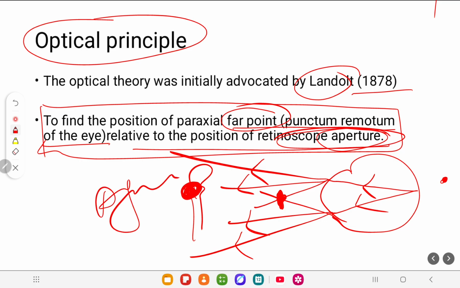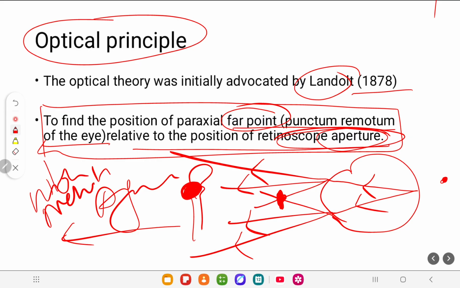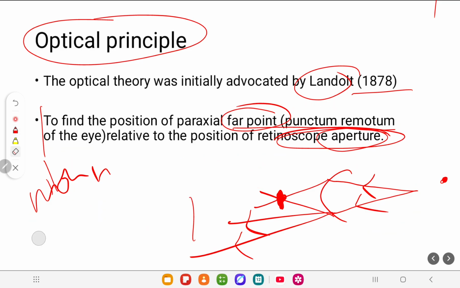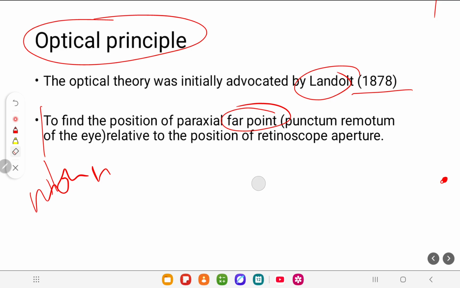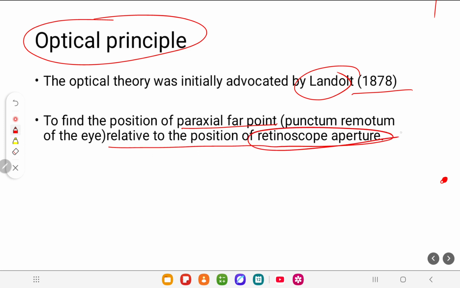And if the far point is way away from the peephole, we get with motion. So that's the principle. That's what it means to find the position of the paraxial far point relative to the position of the retinoscope aperture.